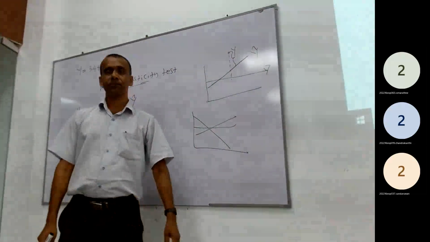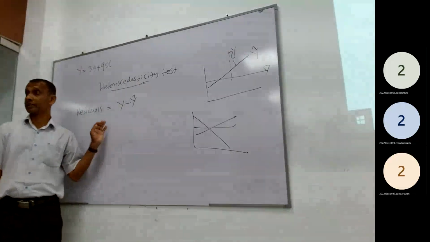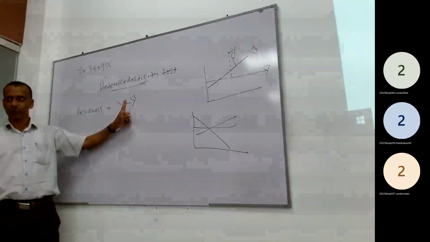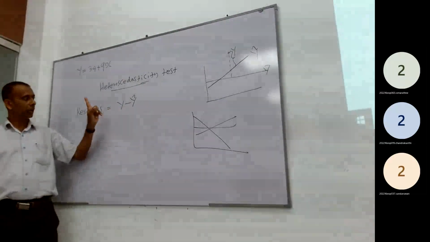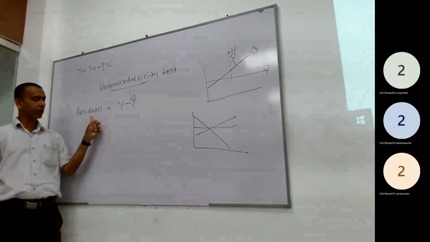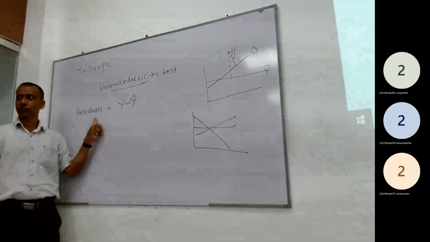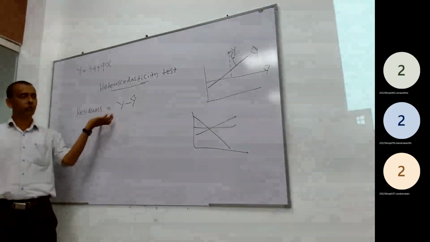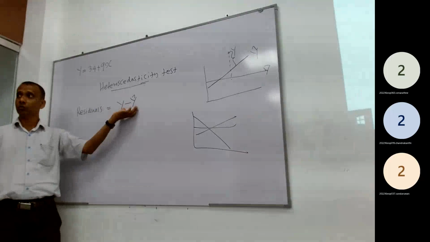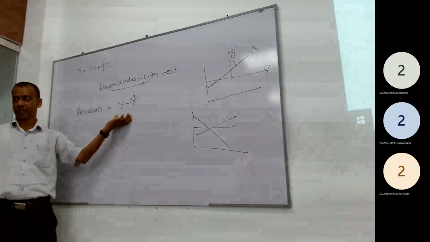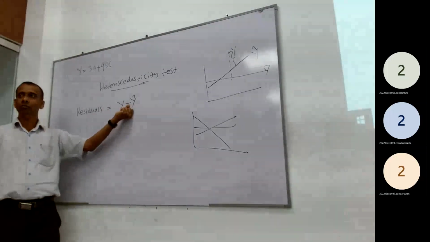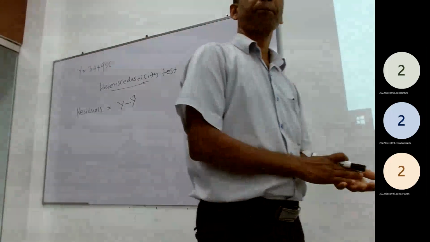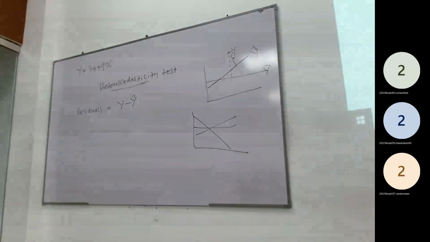How do we do that? There are different methods to test heteroscedasticity. We take the predicted value and the actual value, and calculate residuals. We check whether the absolute value of the residuals is correlated with the predicted value. If there is no correlation, there is no heteroscedasticity problem.